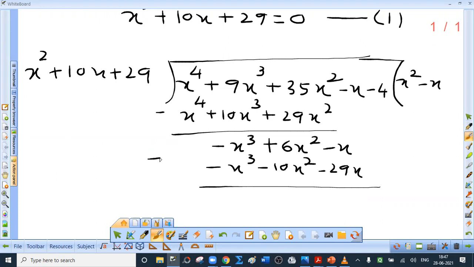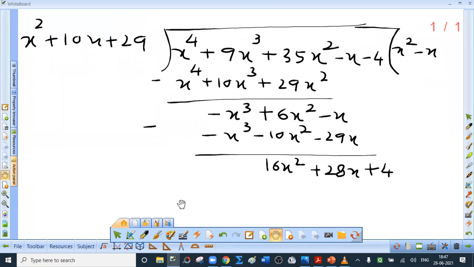Subtract. So that gives me, just check this, 16x square I am getting. Is it? 16x square plus 28x. Why 28? Because minus x plus 29x is 28x. Bring 4 and write it after 28x. And the last part now.